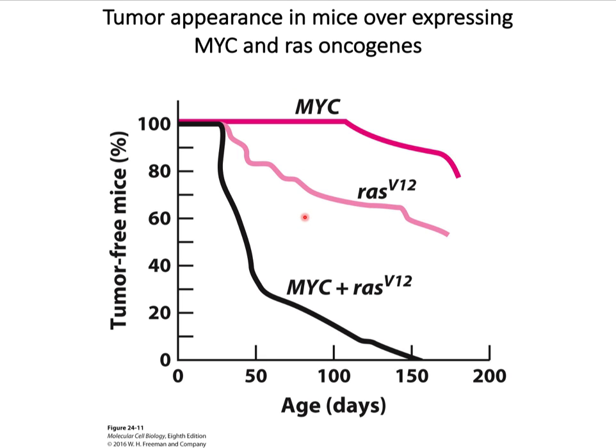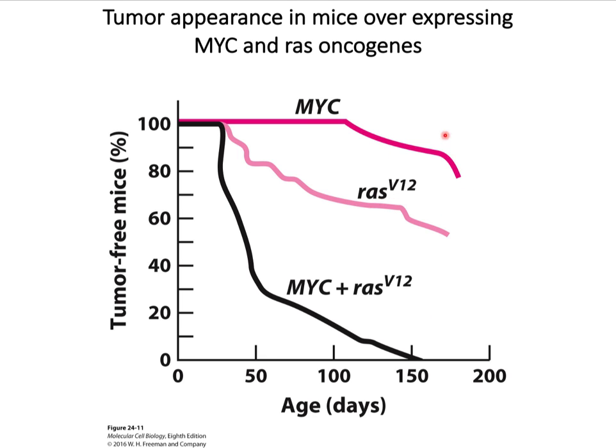This experiment was carried out in mouse, where the MYC and RAS proto-oncogene mutations were introduced in mouse mammary tissue by transgenic technique. These specific mutations transformed the MYC and RAS proto-oncogenes to tumor or cancer-causing oncogenes.